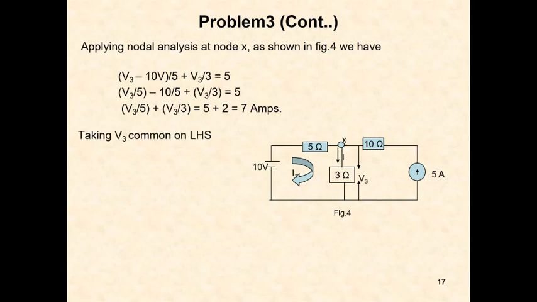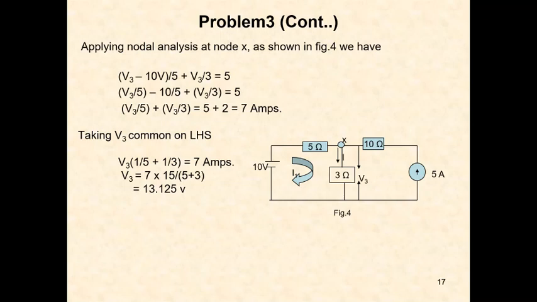So taking V3 common, 1 by 5 plus 1 by 3 is 8 by 15, so V3 into 8 by 15 is equal to 7. V3 is 7 into 15 divided by 8, that equals 13.125 volts. The voltage at V3 is 13.125.